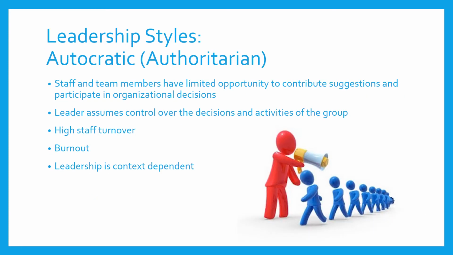So there are many different leadership styles. This here, authoritarian or autocratic, those two words can be used interchangeably. These are typically found in large bureaucracies such as the Army or Armed Forces. This is that top-down type leadership, right?